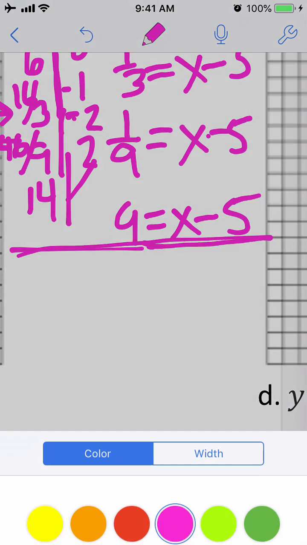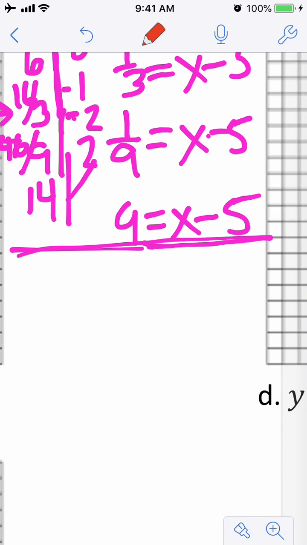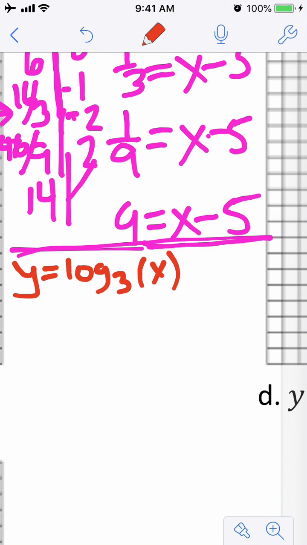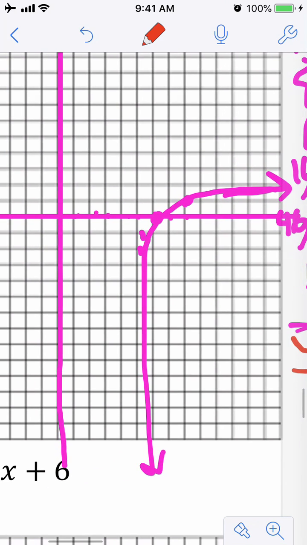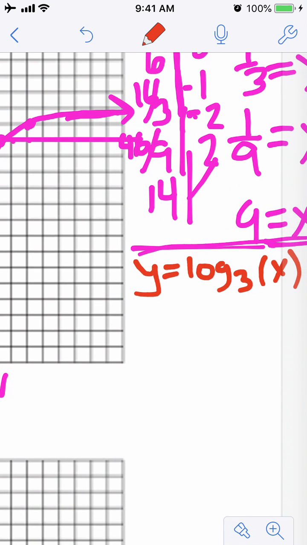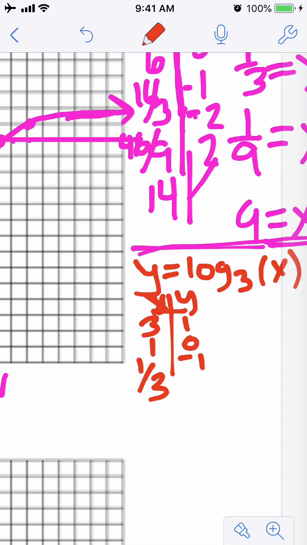Well, let's look at the parent function. Let's look at y equals log 3 of just x. Okay, so this is the parent function. If we do that, well, then we end up with, here's my x and y, right? 1, 0, negative 1, 3, 1, and 1/3. If you don't trust me, go back and look at the other videos.